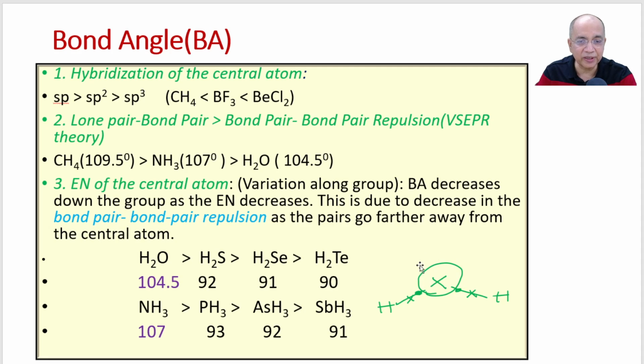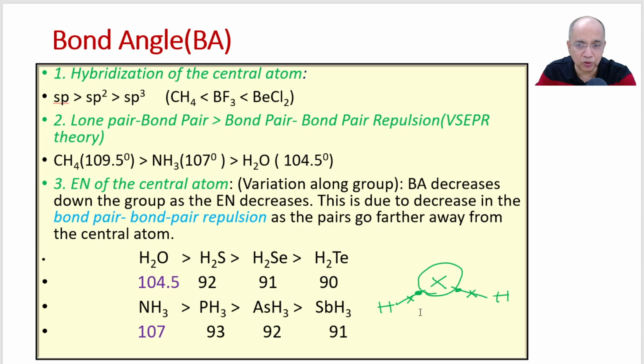So as the electronegativity decreases, these bond pairs go further away from the central atom. If they are closer to the central atom, then the repulsion between the bond pairs is more, so the bond angle is more. We are talking about bond angle now. We have finished bond energy discussion, bond length discussion, now bond angle discussion. So less is the electronegativity, less is the bond angle.